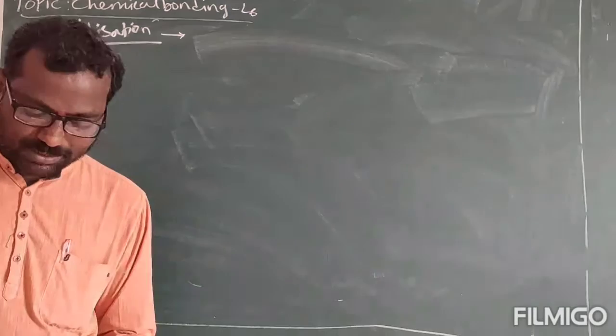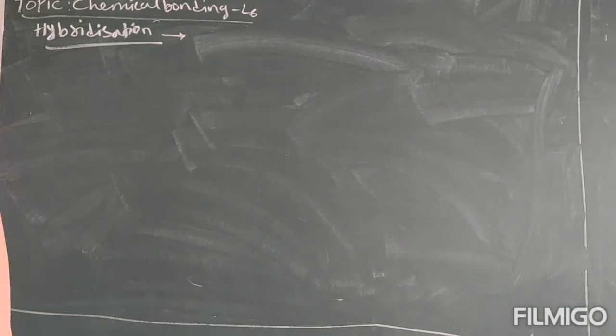Hybridization was first introduced by Pauling. For what purpose did he introduce it? For explaining the equivalent nature of the covalent bonds.